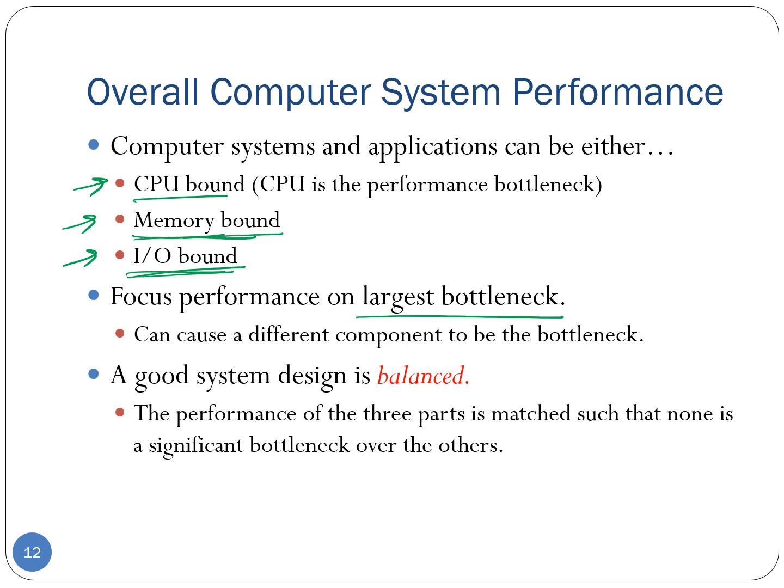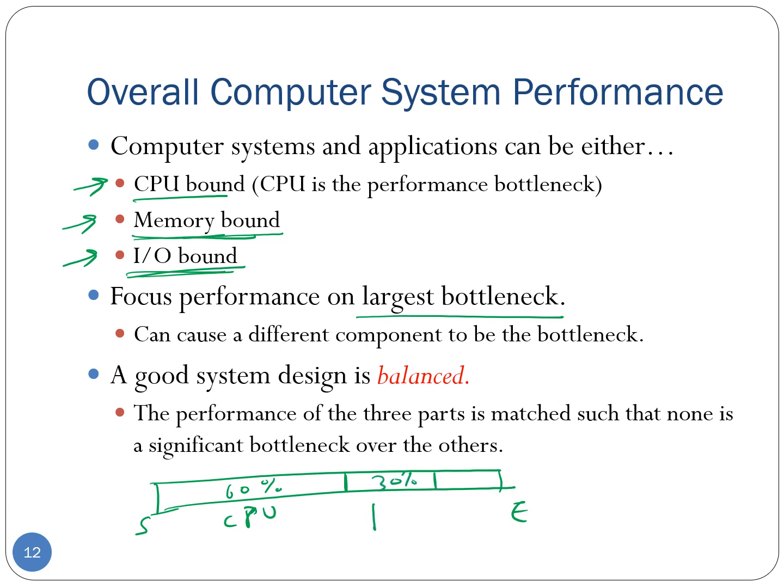So for instance, let's say you have a program, let's say this is your process, it starts here and let's say it ends over here, and during its execution lifetime, let's say it spends 60% of the time on the CPU, and then let's say it spends 30% of the time accessing the IO subsystem, and then let's say only 10% of the time it accesses the RAM or the main memory.